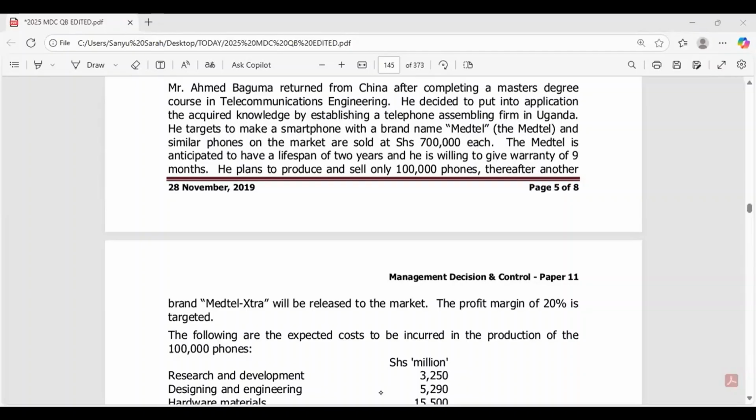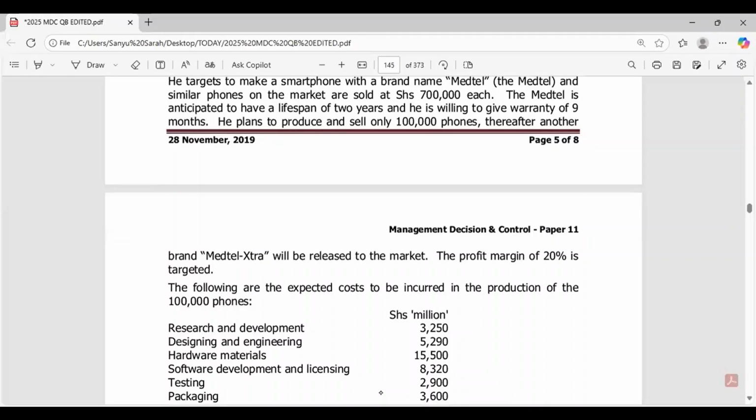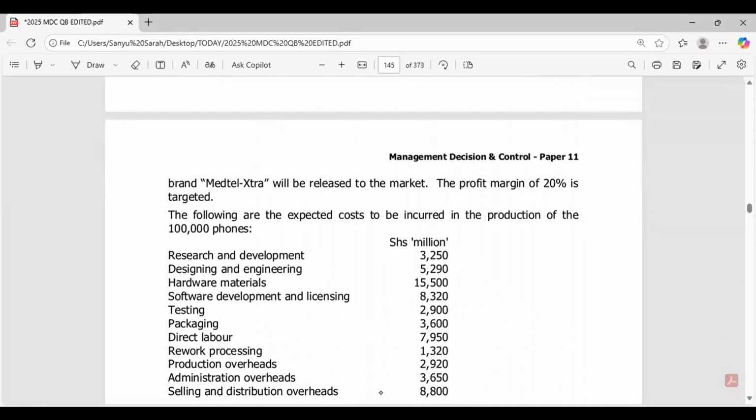The Medtel is anticipated to have a lifespan of 2 years and he is willing to give a warranty of 9 months. He plans to produce and sell only 100,000 phones. Thereafter, another brand, Medtel Extra, will be released to the market. The profit margin of 20% is targeted.